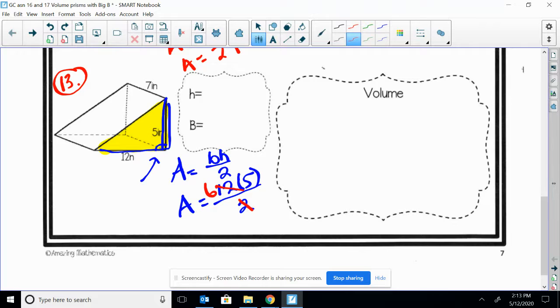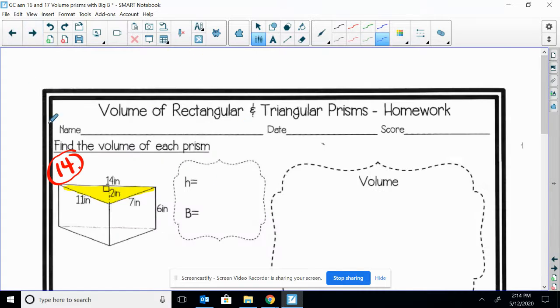I can reduce before multiplying. And then all I have left is 6 times 5, and we know 6 times 5 is 30. So the area of our triangle, the lower base, which is our big B, is 30 square inches. Don't forget your units. Area is always squared units.